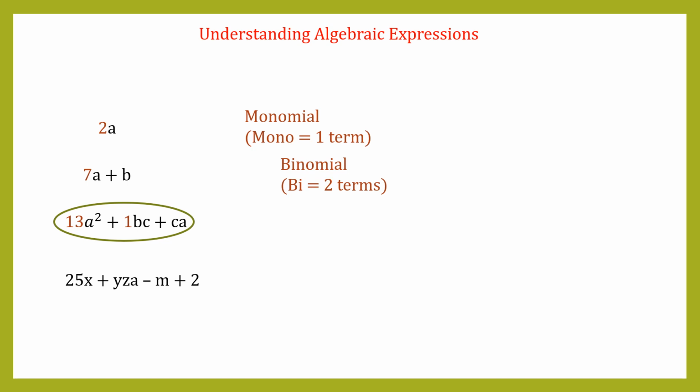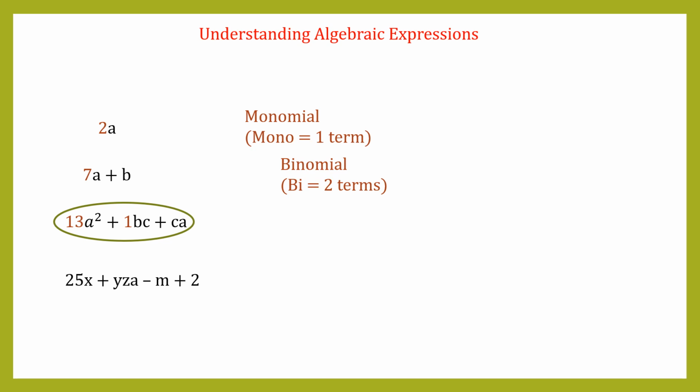Now let's understand how many variables are there. Variables are a, b, and c. In the first term, we have a square, and attached to a square, we have a number that is 13. Dear children, tell me, what is this 13? 13 can be called as, yes, it's coefficient of a square.